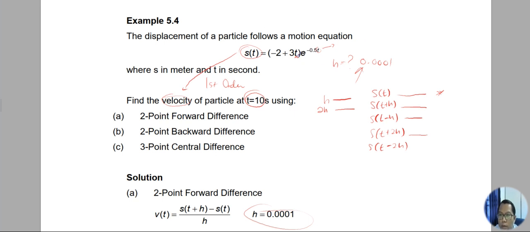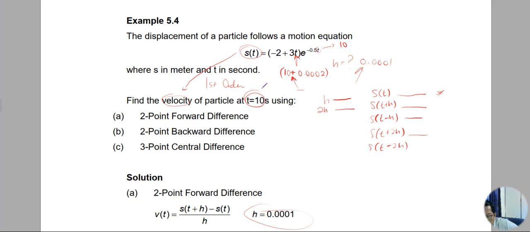You have to change this value of t to be 10 plus 0.0002. Same goes to this one, t, so 10 plus or minus. If minus, then you have to change this one to be minus.